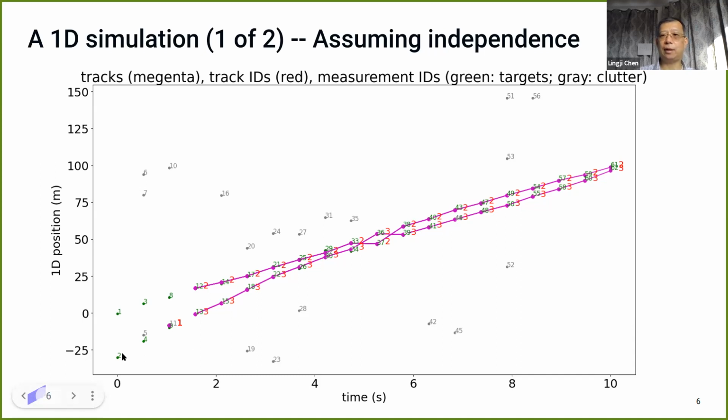Because it's a 1D road, the following car cannot overtake the leading car. So when I do Monte Carlo simulations, because of the noise I injected into the measurements and the track estimates, sometimes I will get invalid results. There will be crossings of the two targets. That's because I am assuming independence, but they are actually not independent.